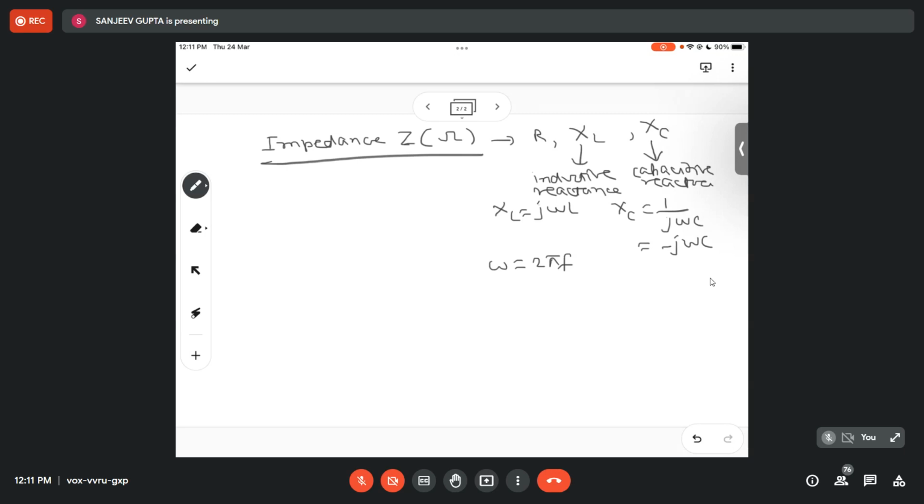Impedance is always represented as R plus jX. If it is positive, that means it is inductive reactance, or R minus jX, that means it is a capacitive reactance. So the plus sign denotes the inductive one, and the negative sign denotes the capacitive one.